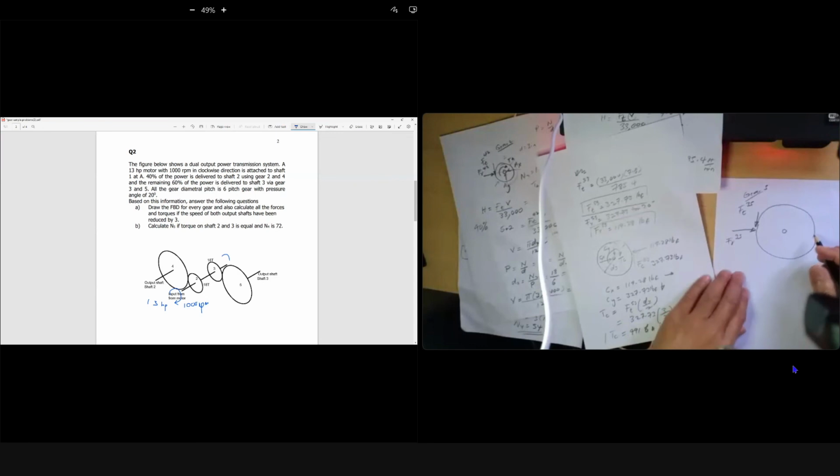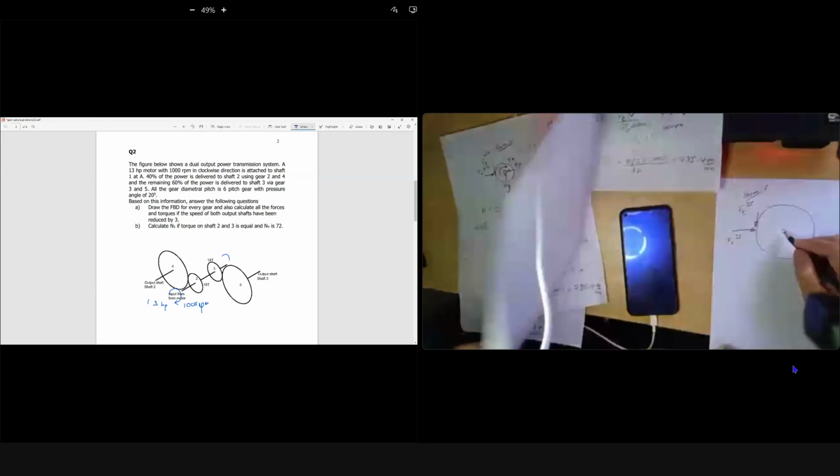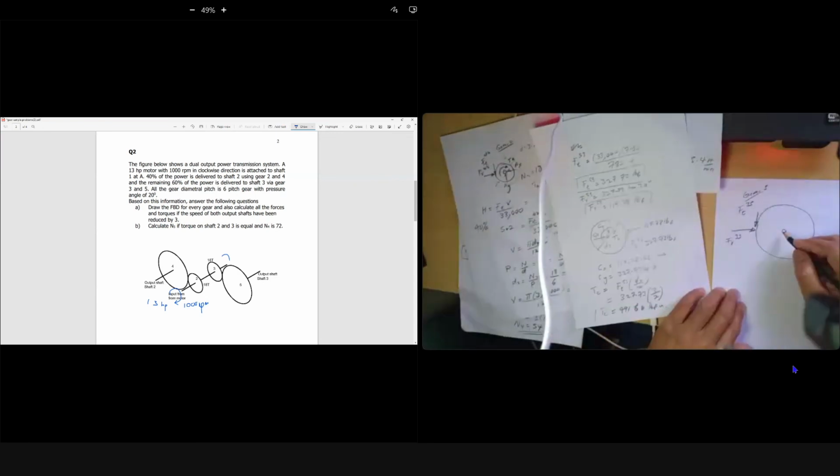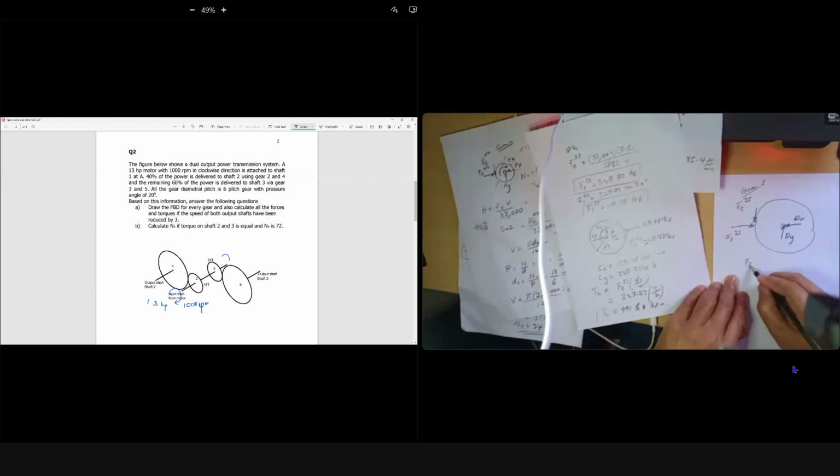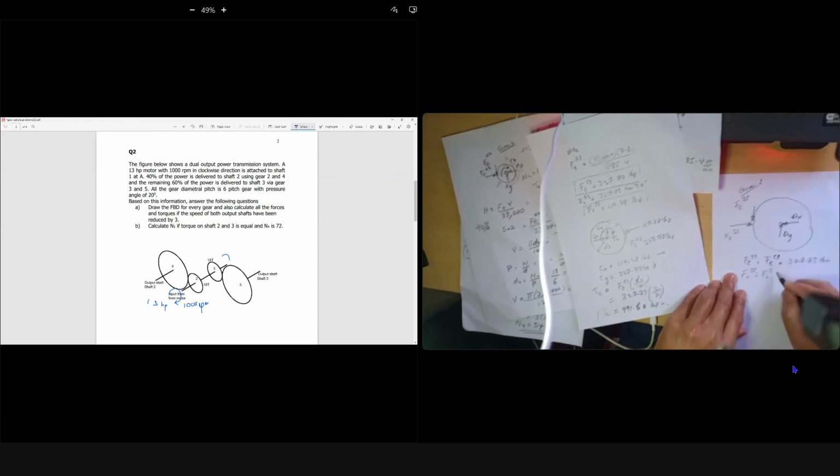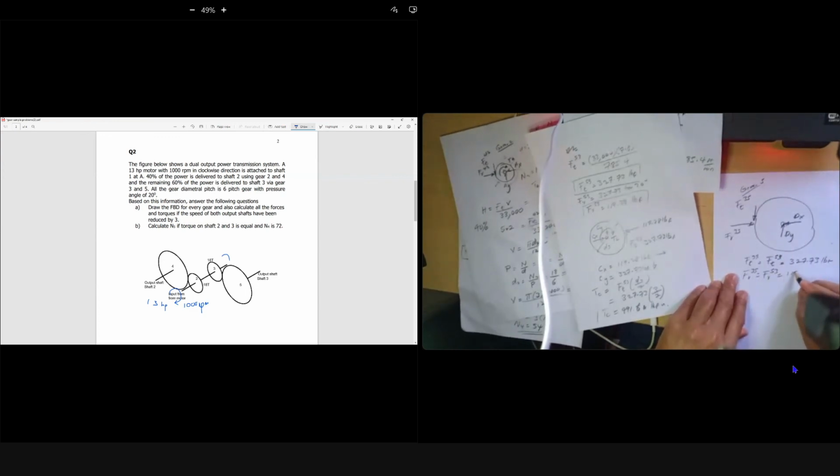Okay, here you have D, which is your dx, and D is your dy. F tangent 35 is the same value as F tangent 53, which is 327.73 pound force. F radius 35 equals F radius 53 equals 119.28 pound force.